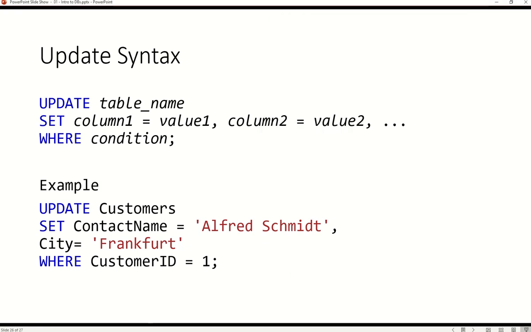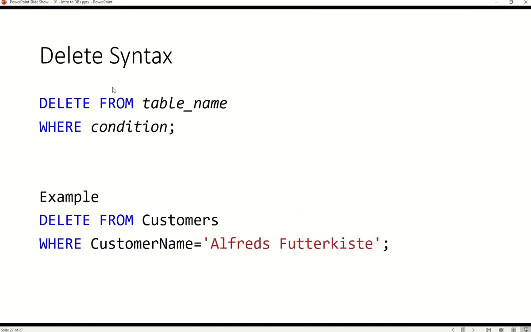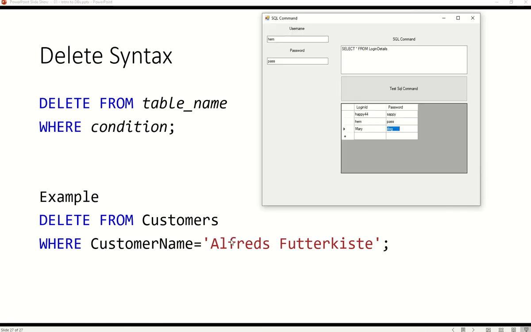Let's delete. So the delete syntax is we can delete rows from the table where something, so let's delete Mary. Let's delete Mary here. So what we'll do is we'll go delete from login details table.